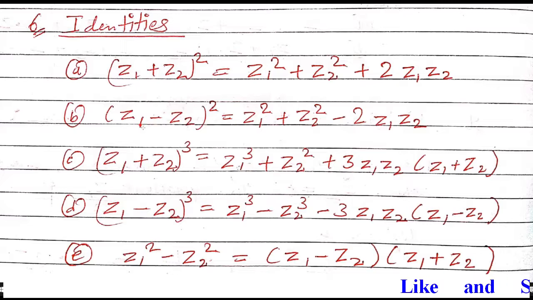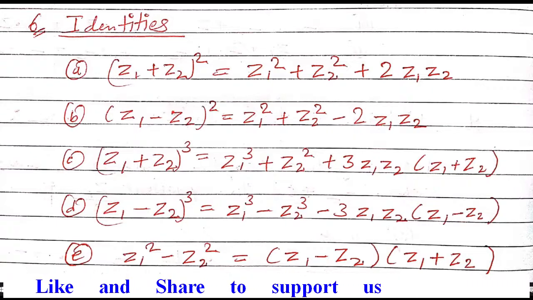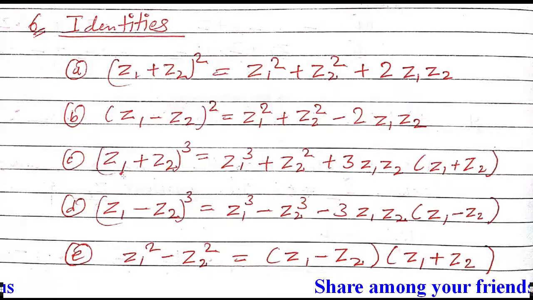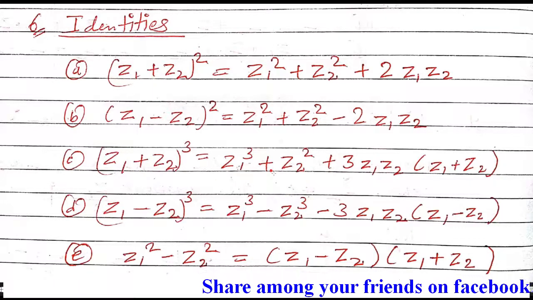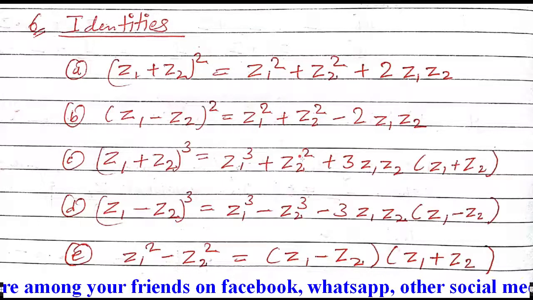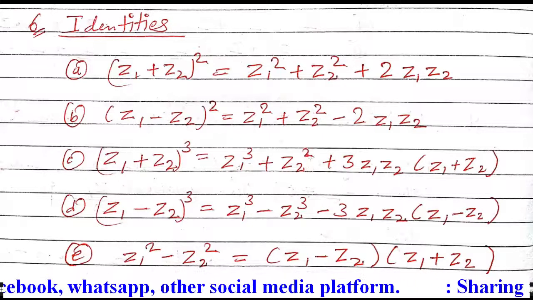In the same way, z1 minus z2 whole square is like a square plus b square minus 2ab. So it is similar to a minus b whole square. Now z1 plus z2 whole cube is also similar to a plus b whole cube. Students, there is a correction here, make it cube here. So it's going to be z1 cube, and here also z2 cube will come.